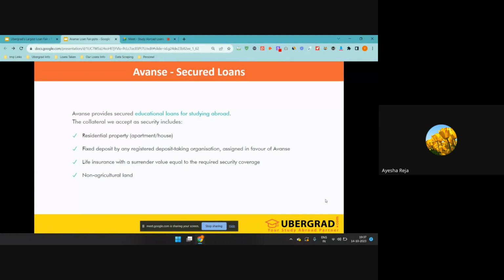So Avanse provides secured education loans for studying abroad. Okay, for the secured loans, we will consider residential property, like an apartment, as well as an individual house, maybe an HMDA layout. As well as in rural areas, there should be a registered document. In a rural area, if someone says it is a gram panchayat, that we won't accept.